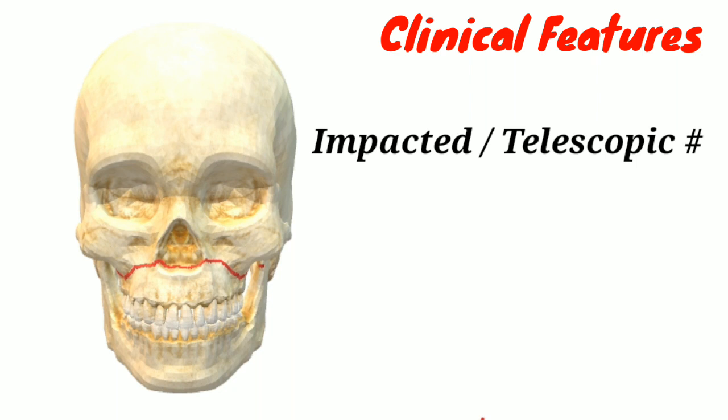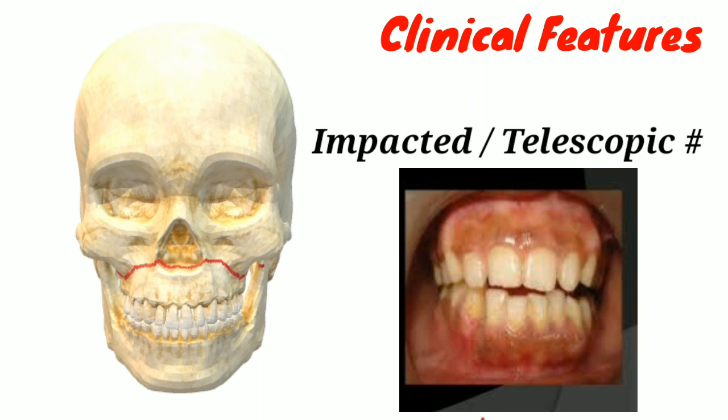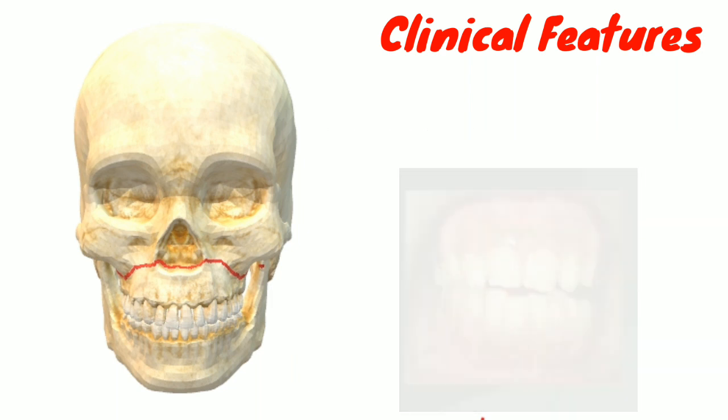In this the maxillary part will get impacted on the upper skeleton depending on the direction of the blow. Once it has got impacted there, it will be fixed, it won't be mobile as seen in floating maxilla. So in those fractures it won't move and we can see presence of anterior open bite as well.